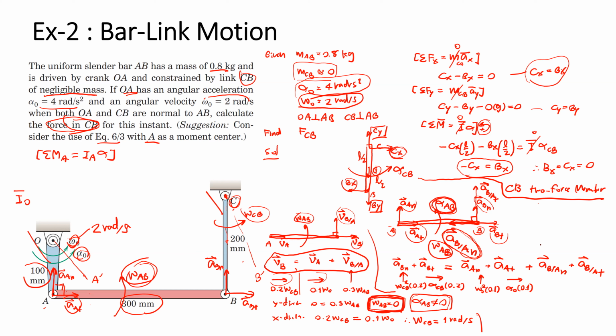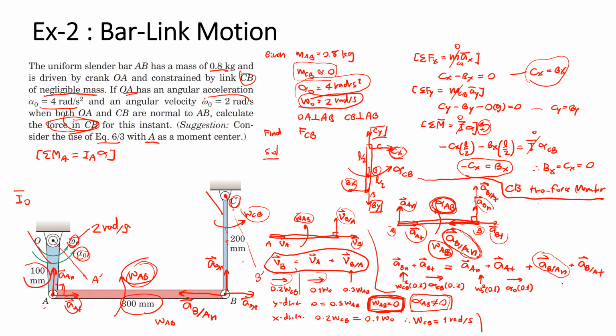Now the relative acceleration in the normal direction. If we consider point A and point B, we have the acceleration of B with respect to A in the normal direction as a function of omega AB.